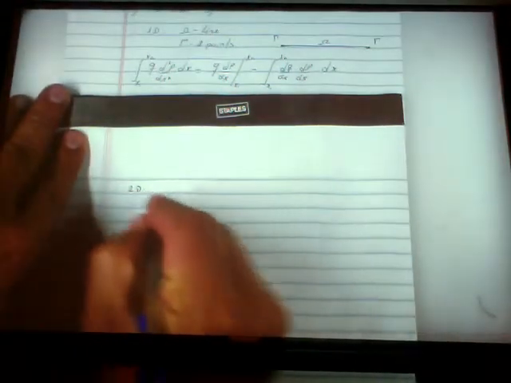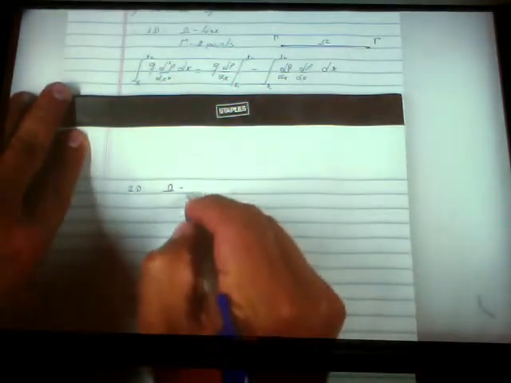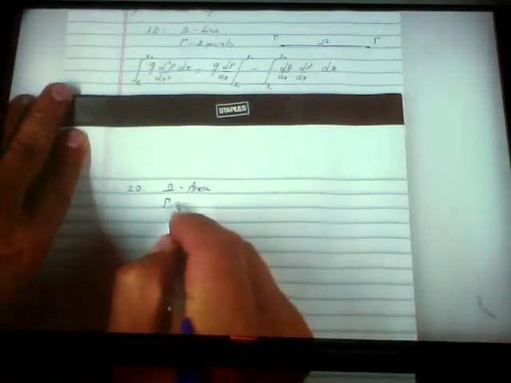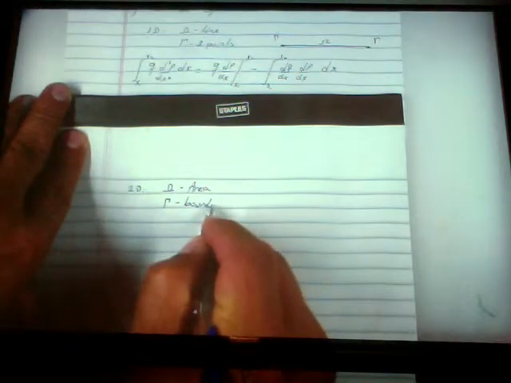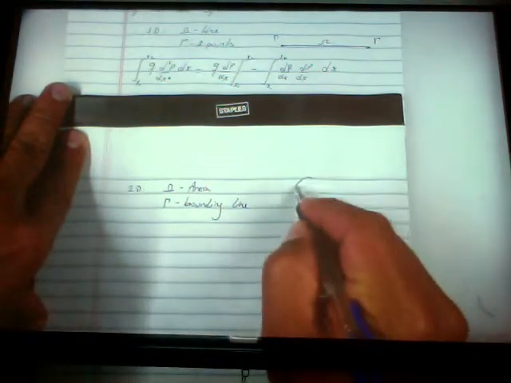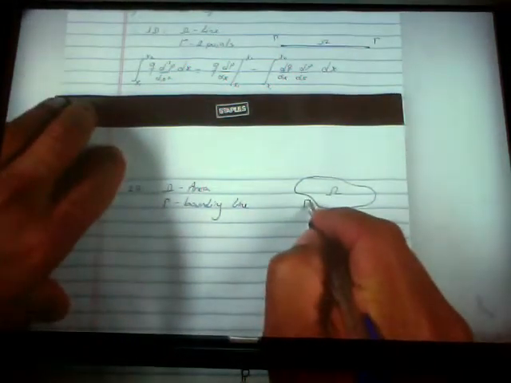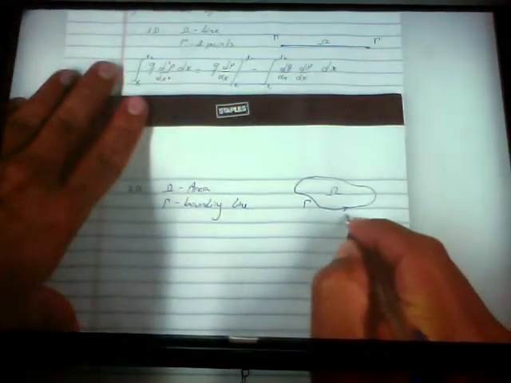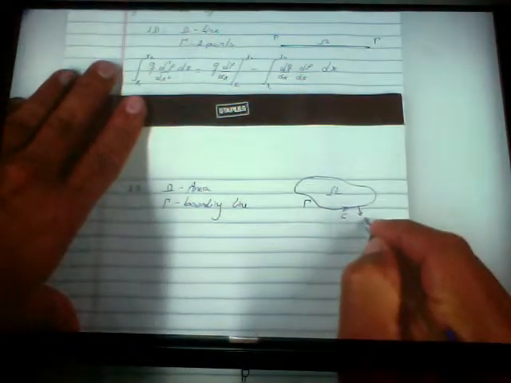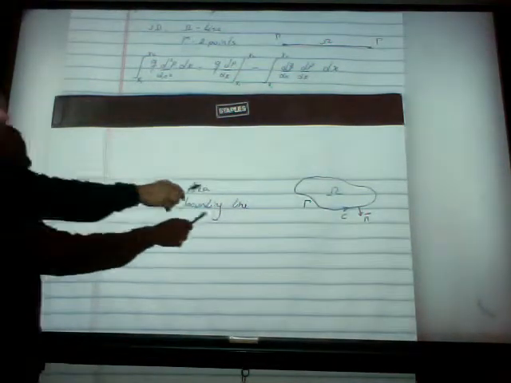In 2D, omega is an area and gamma is a bounding line. So essentially, this could be omega, this could be gamma, and gamma is just this bounding line, and the outward drawn normal unit vector is just that n at any point on the boundary.